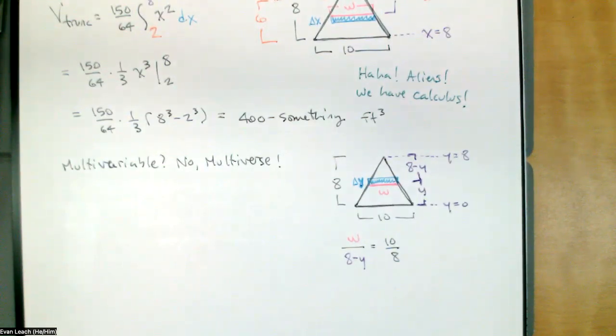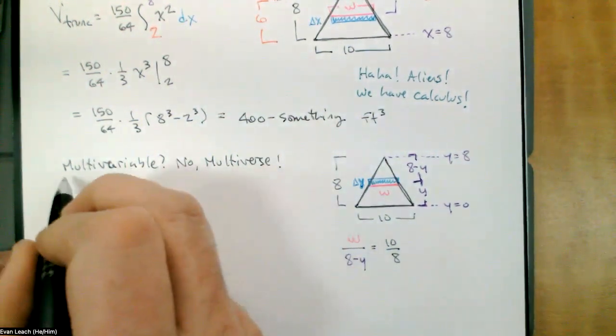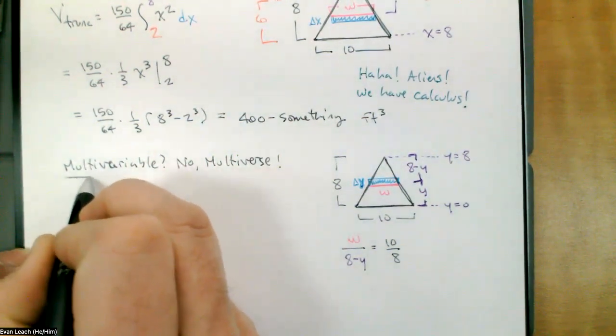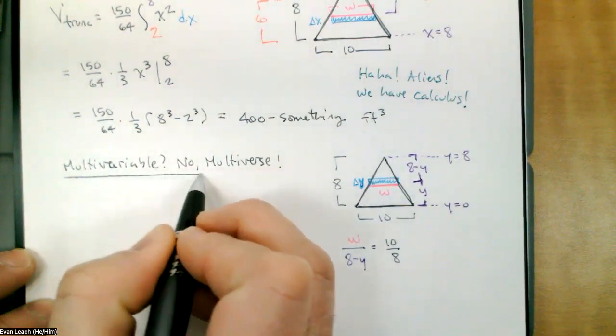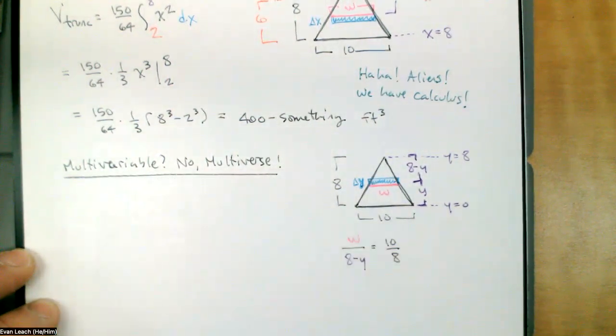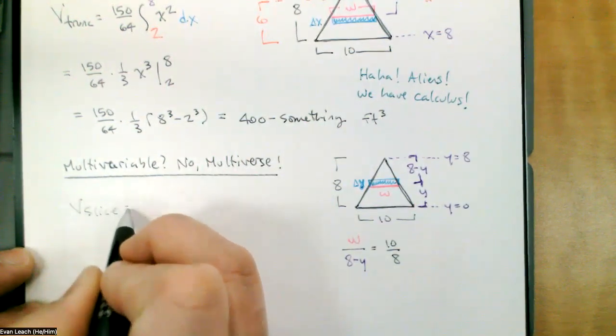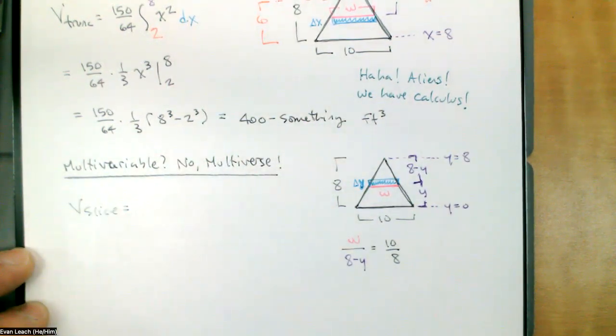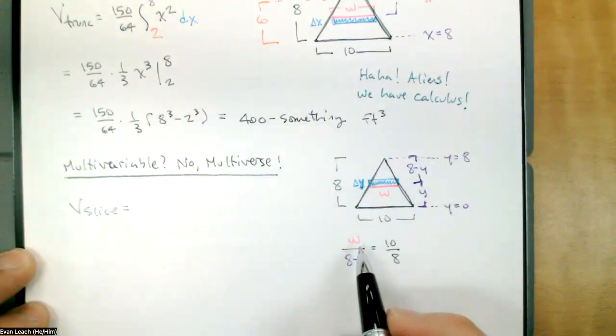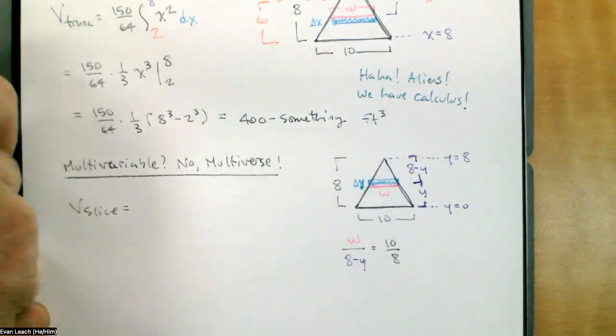Similarly, we're going to have to do this for the length as well. So in this alternate dimension or alternate universe, I've got my length. So we'll do the same thing for the length.